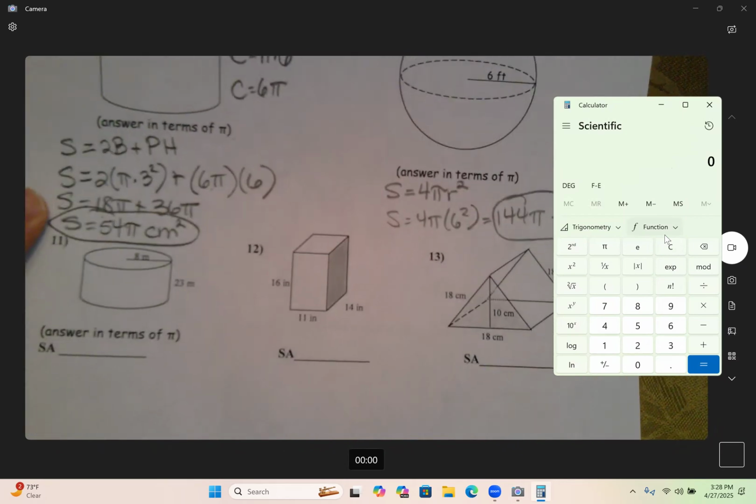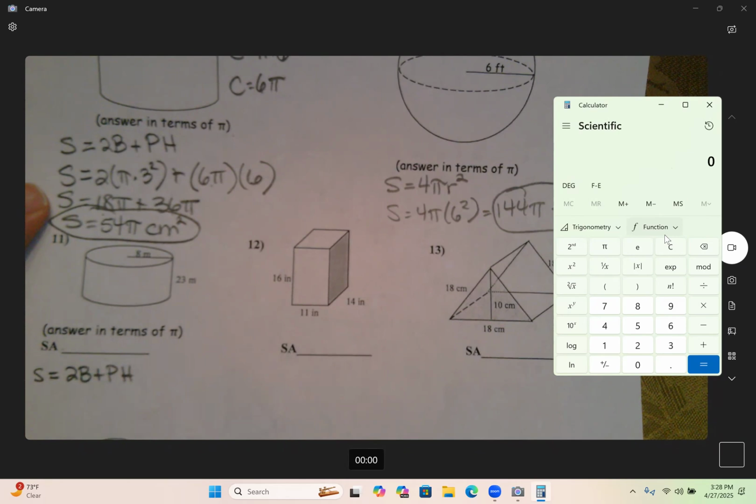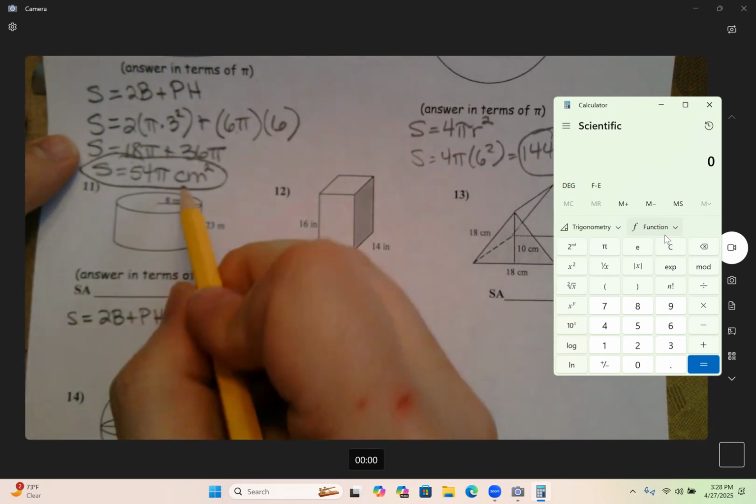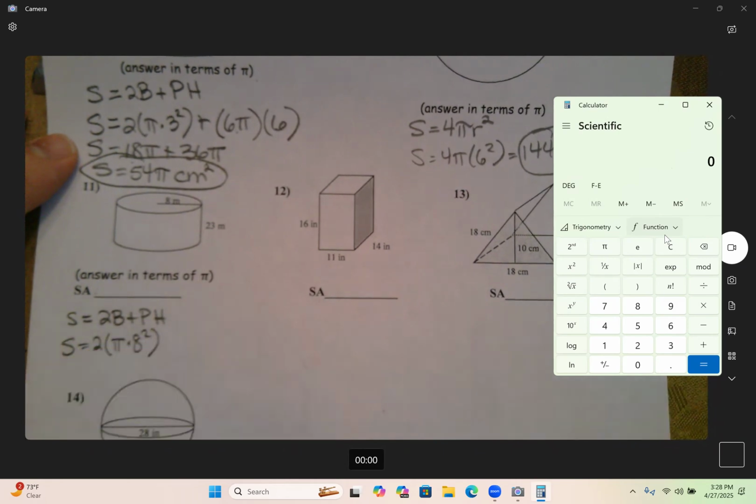Number 11, surface area of a cylinder again. So our formula is twice the base area plus perimeter of the base times the height. Okay. So circle is pi r squared. So 2 times pi times 8 squared.